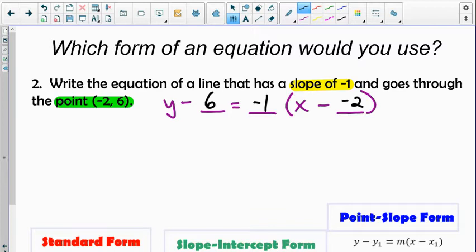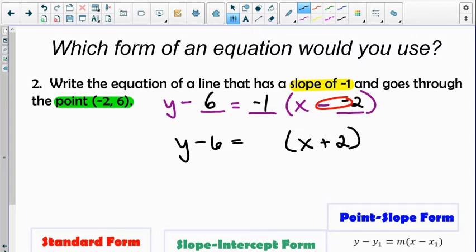We just need to clean this up a little bit. We have some double signs. Subtracting a negative is the same as adding a positive. So we're going to get y minus 6 equals, and then in the parentheses, we'll have x plus 2. And what do we do with that slope? When the slope is -1, think about what happens when you multiply something by -1.